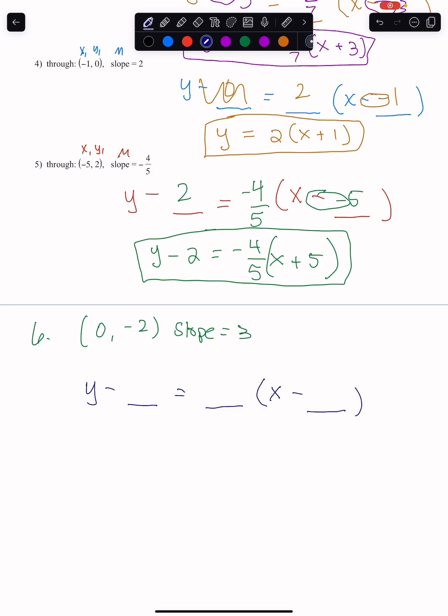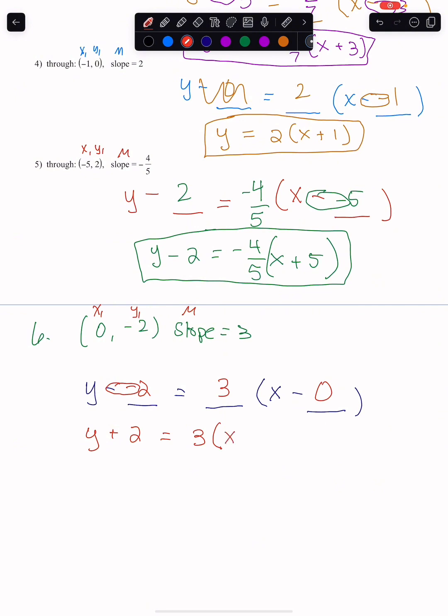And then, again, this is still x1, y1, that's m. So my y1 is going to be negative 2. My m is 3. My x1 is 0. Okay? So this becomes y, that's double signs, plus 2 equals 3, parenthesis. Well, what's x minus 0? It's just x.